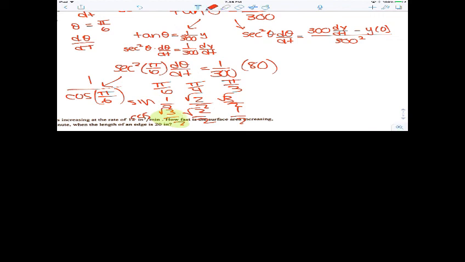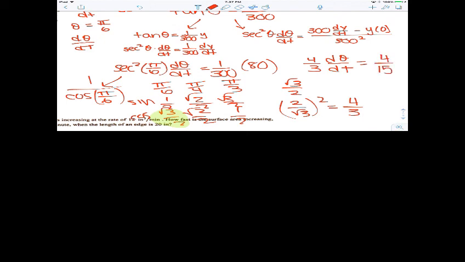So here's what I'm going to do. Cosine pi over 6 would be radical 3 over 2, so secant is 2 over radical 3. And then I need to square that, so that's 4 over 3. So this would be 4 thirds d theta/dt equals 8 over 30, which, let's see, could I reduce that more? 8 over 30, 4 over 15.